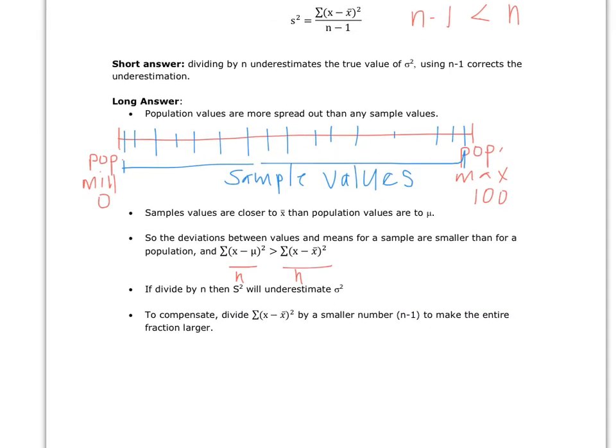So to compensate, we divide that numerator by a smaller number. And when you divide by a smaller number, it makes the entire fraction larger. And so if it's larger, it's more likely to estimate the true population variance.